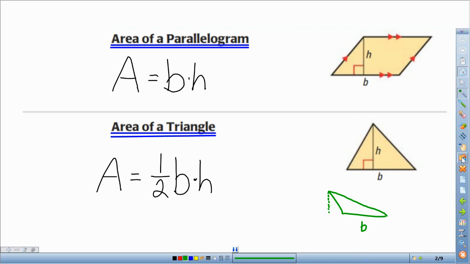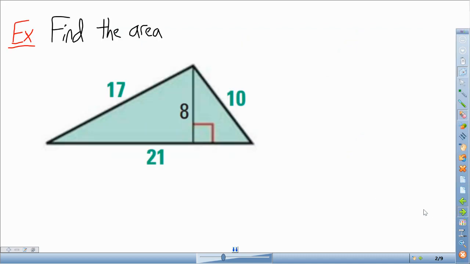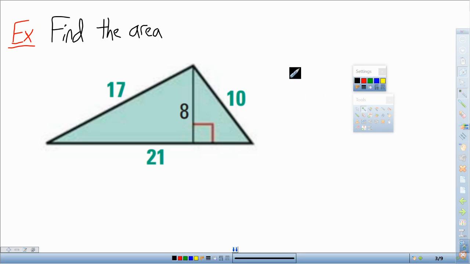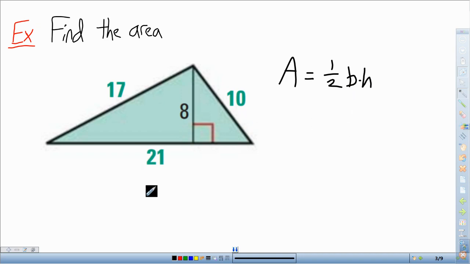Basically this whole lesson is just us using these formulas. So let's try out a pretty typical problem. Go ahead and copy this one, and we're going to find the area of this triangle. First things first, recalling area of a triangle equals 1/2 base times height. On this triangle, there's quite a bit here. There are 4 different values.